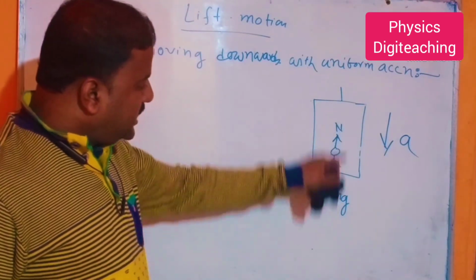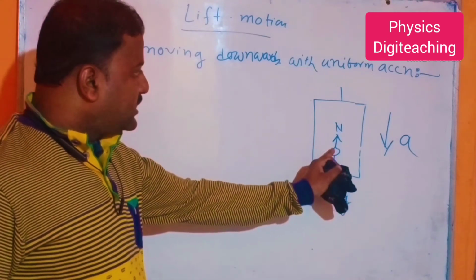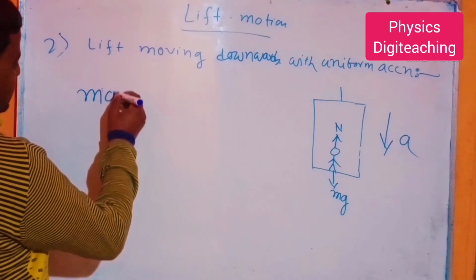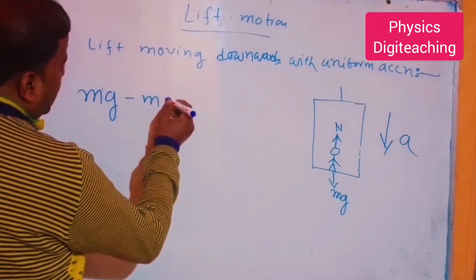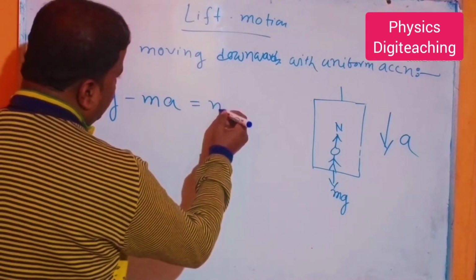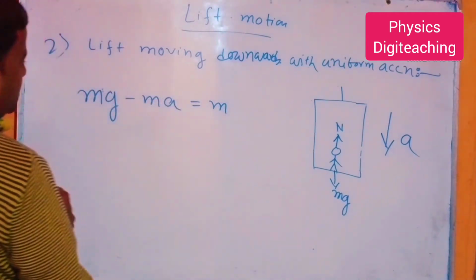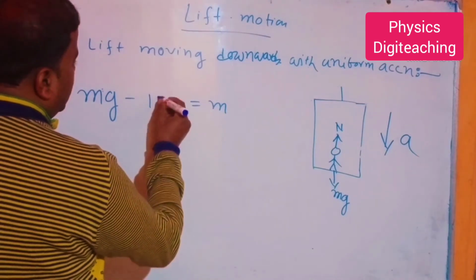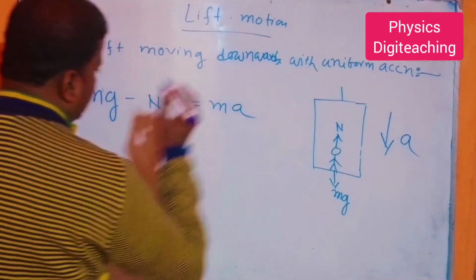Therefore mg acts downwards and N acts upwards. The net downward force is ma, so mg minus N equals ma.